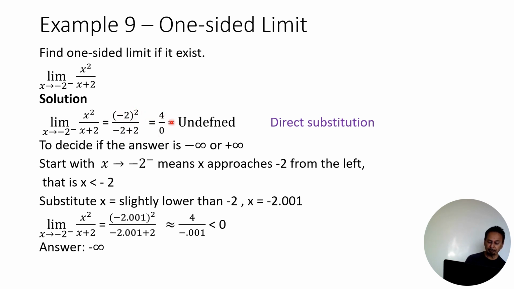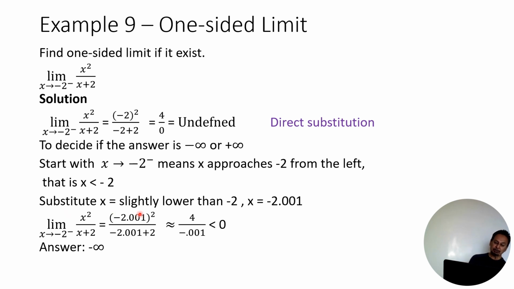The bottom becomes 0. 4 over 0, undefined. So now we have to decide whether the answer is infinity or minus infinity. To decide that, first we need to know what x approaching minus 2 from the negative side means. It means that x approaches minus 2 from the left, and x is always less than negative 2.